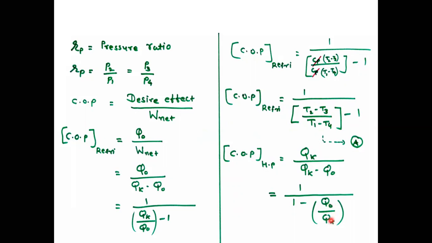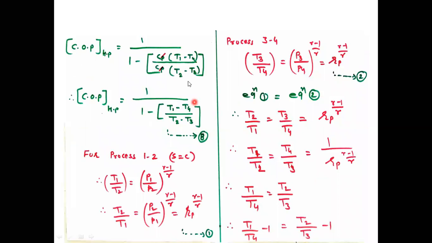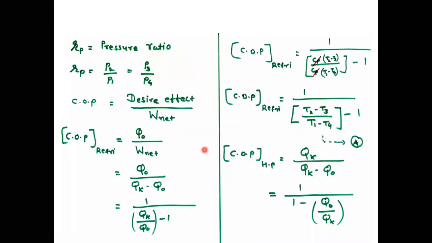Put the values of Q0 and QK. So I get Cp of this and Cp of this. Cp gets cancelled. So the equation becomes 1 divided by 1 minus, in bracket, (T1 minus T4) divided by (T2 minus T3). Equation B.